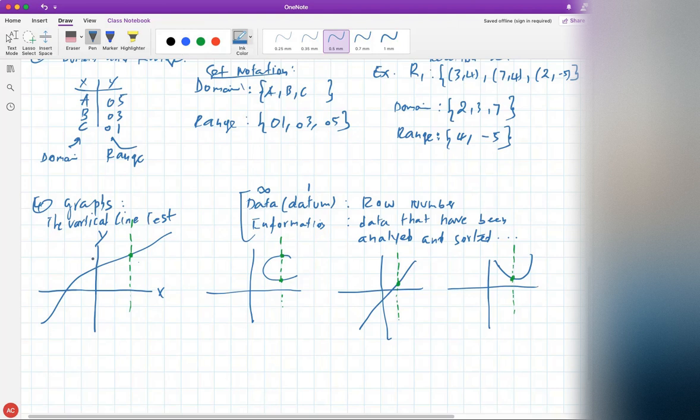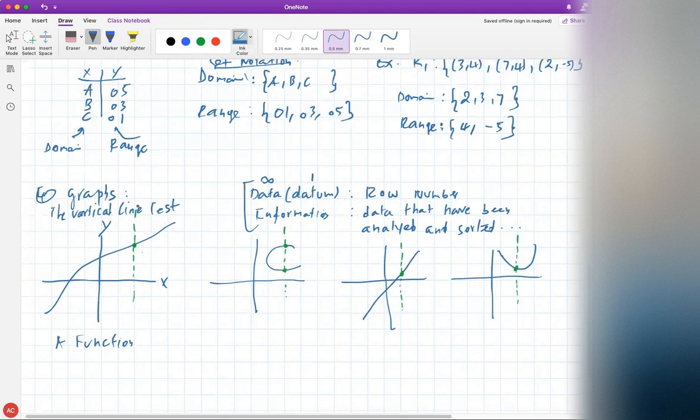Because it meets once, it is a function. So function, because again, the line meets the graph once.